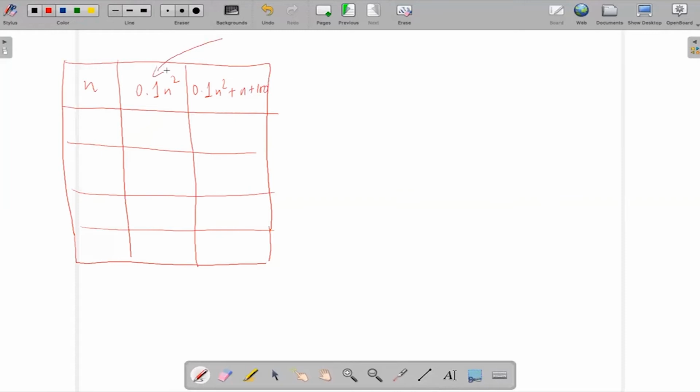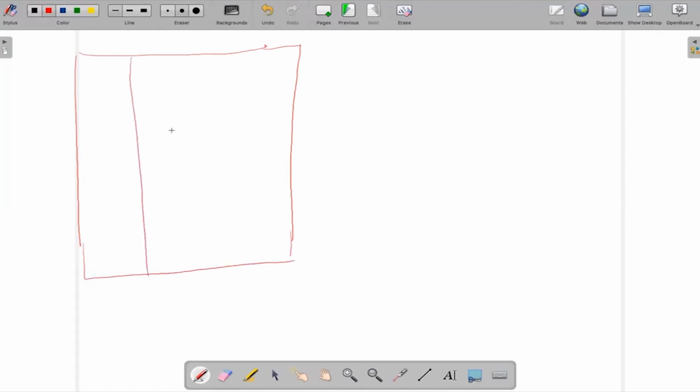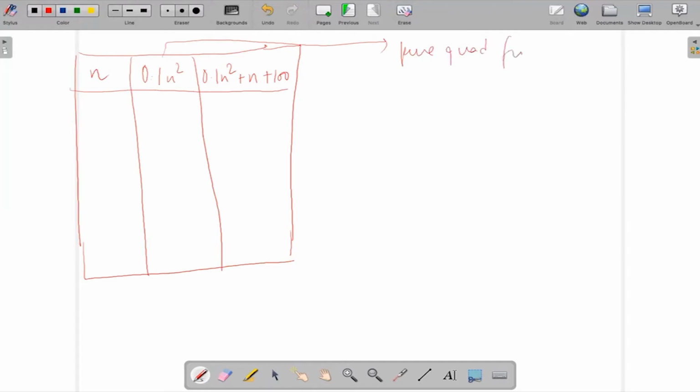Note that this one is a pure quadratic function, whereas this one is a complete quadratic function.